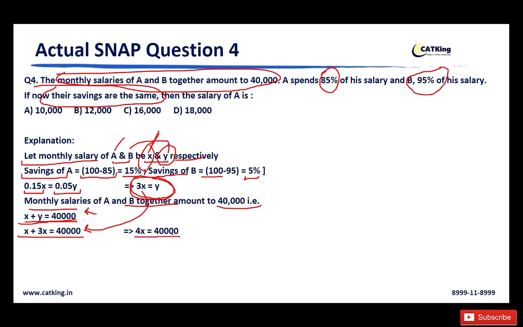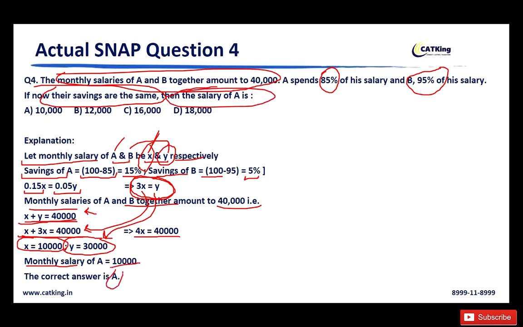That is 4x is equals to 40,000, and calculating the value of x, I get x is equals to 10,000. Now since 3x is equals to y will be equal to 30,000. Hence the monthly salary of A, which has been asked in the question, is 10,000. Therefore the correct answer is option A, 10,000.